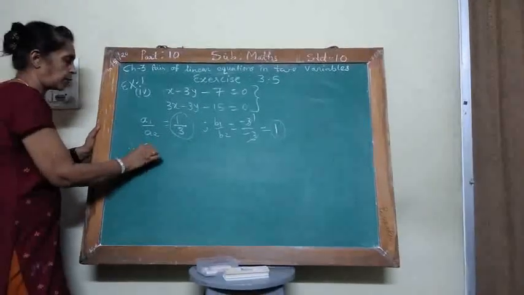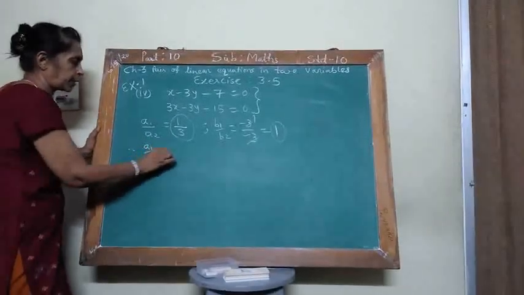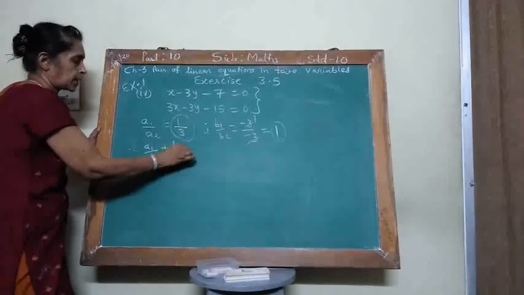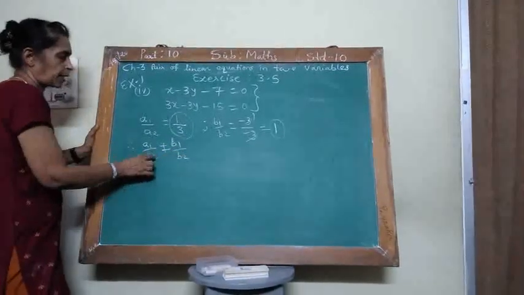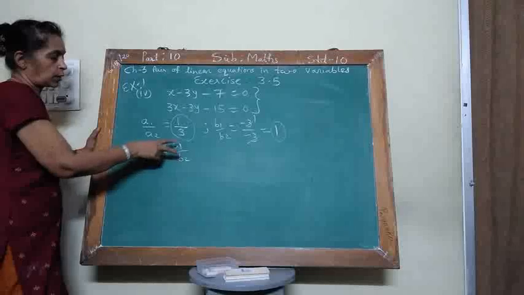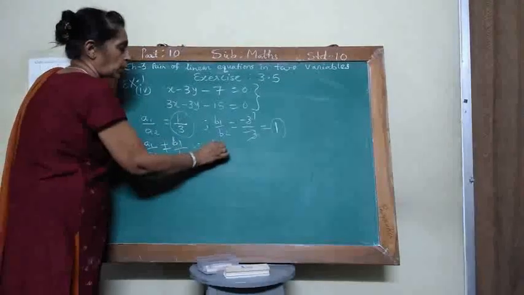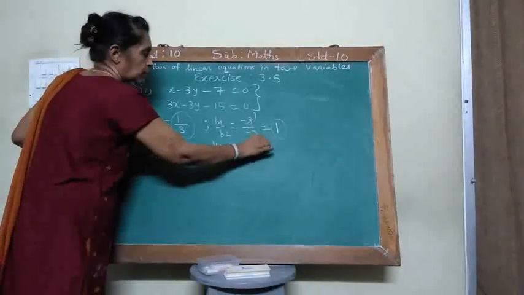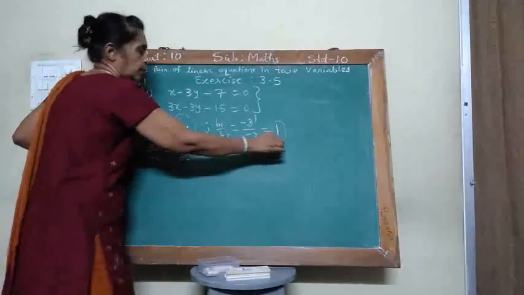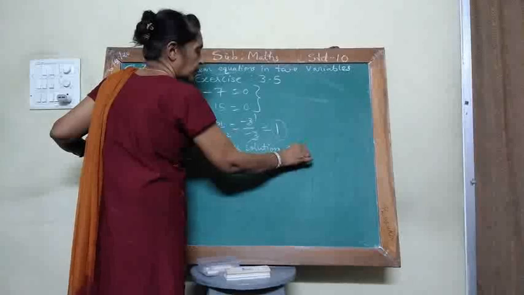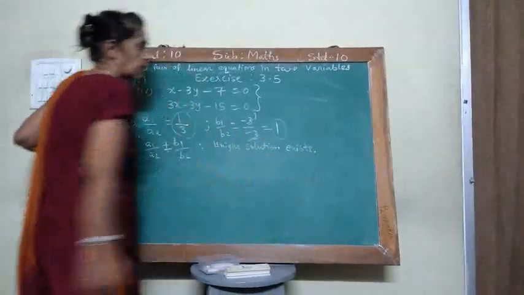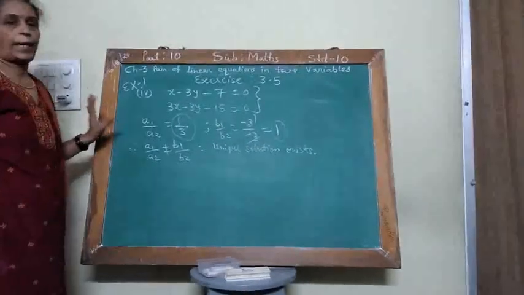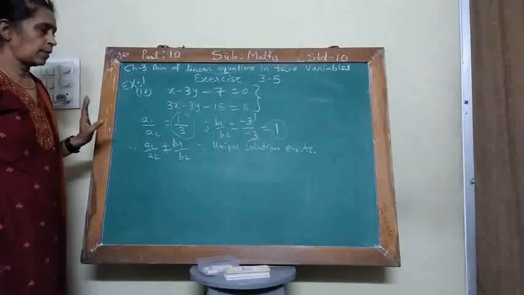In part 1 I explained that when the ratios are not equal, a unique solution is obtained. Unique solution exists. And therefore we now apply the cross multiplication method.